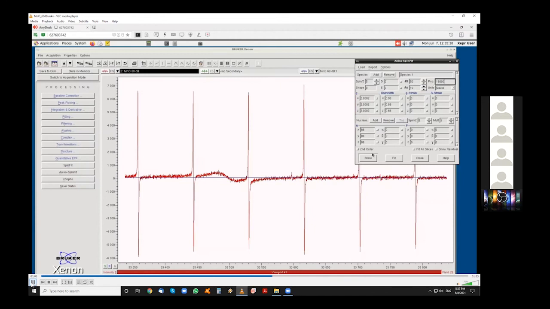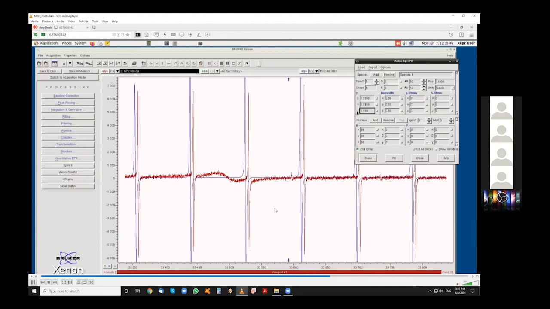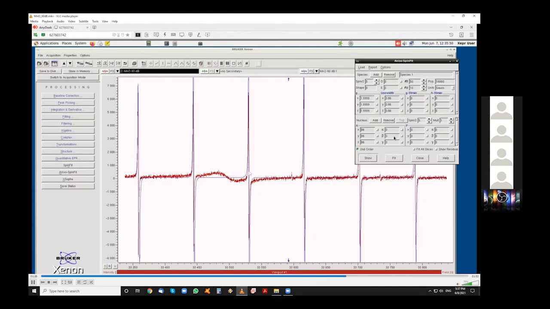So I will press show, and you will see the lines from the simulation, but you may observe here a drift of the G value. So we will set the G value measured at the middle of the spectrum. So it's measured around here. And we will observe that lines are in position now.